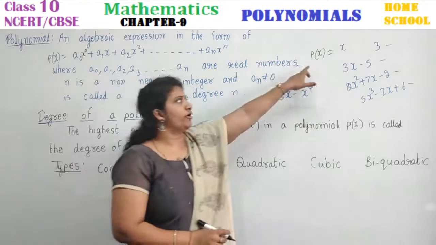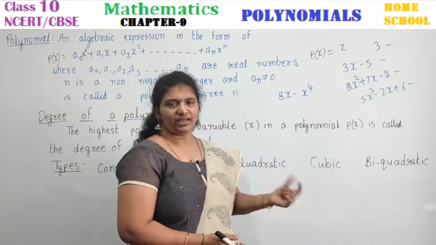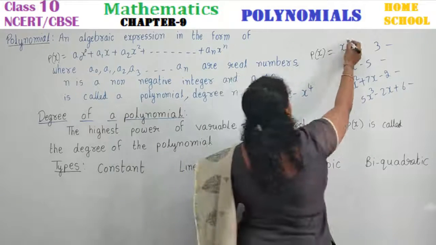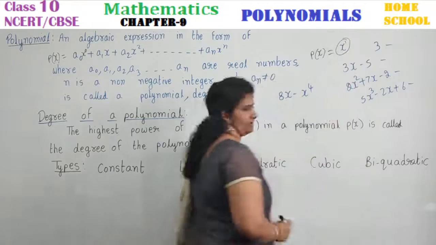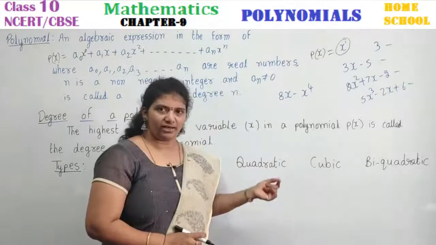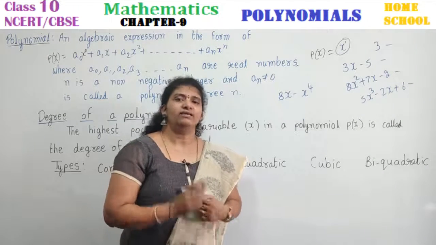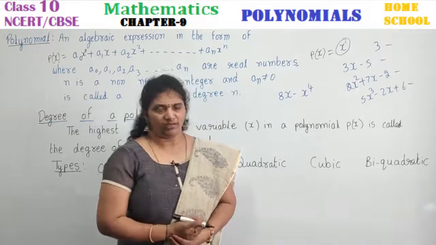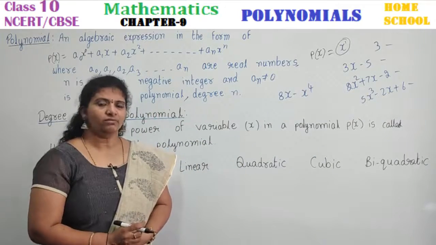Then what is the degree? It has only one variable and there is no power, which means 1. Highest power 1, or a degree 1, then we call that polynomial a linear polynomial. What type of polynomial is that, children? It is a linear polynomial.